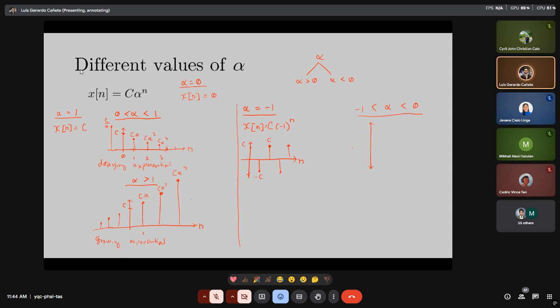Since the number is negative, then we should expect that the same behavior we're seeing right here, wherein it goes back and forth between positive and negative, is still going to be there, except that now, since the value of alpha is negative and its absolute value is less than 1, the magnitude is less than 1. And that means that for this, at least right here, it's going to be equal to C. But when you have 1, then it's going to be C or negative C and then alpha, right?